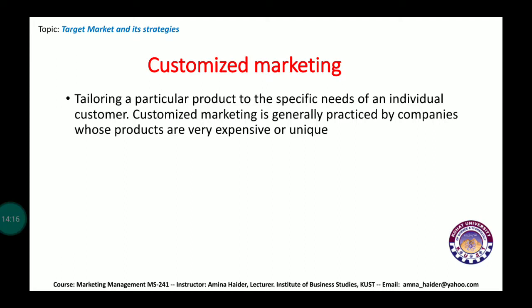Customized marketing is also found within organizational markets because of the high value of orders and special needs of customers. Customized marketing is associated with a close relationship between the supplier and customer because the high value of an order justifies larger marketing and sales efforts being focused on each buyer.